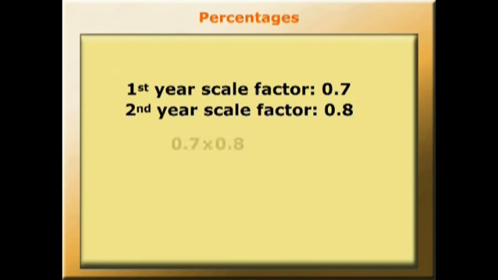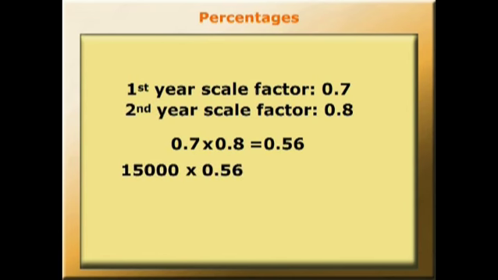So we now multiply those two scale factors together: 0.8 times 0.7 gives us 0.56. So we have a £15,000 car times 0.56 gives us 8,400, the new value of the car after the 2-year depreciation.